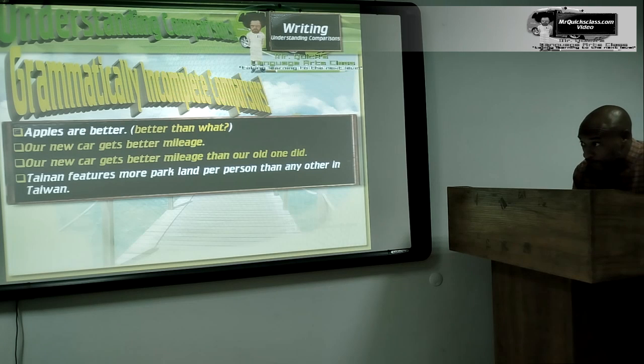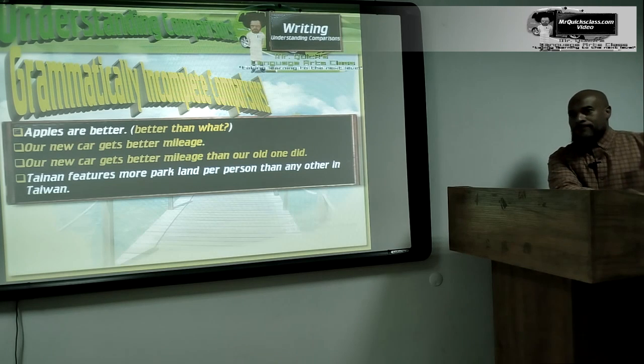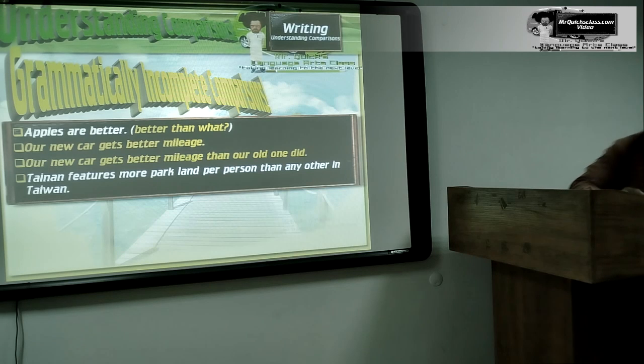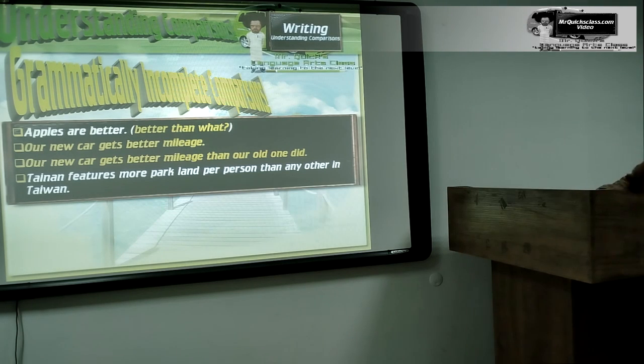If it said Taiwan features more parkland per person than any other, then what? Than any other parkland? We compare parkland? That's the whole point.